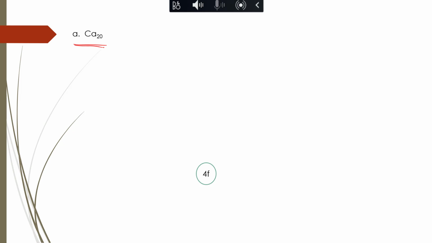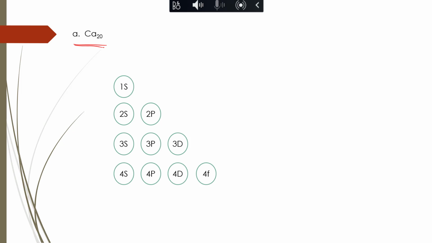For the second question, the atomic number of calcium is 20, so we can start with the diagram here. I start with 2, and then here 2, I fill 6 and it's already 10, so I still have 2 here and it's 12, here 6 and it's 18, and then I still have 2 left.